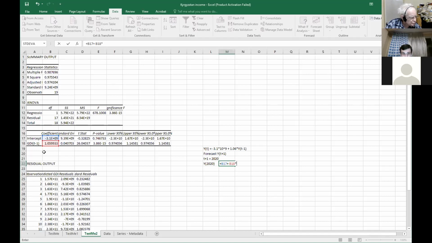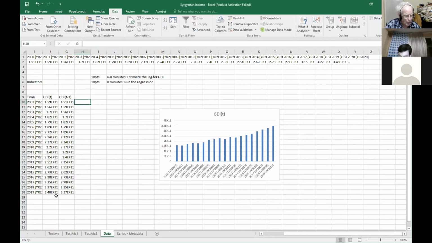And I have 1.45 times 10 to the power 11. So let me double check that value. Well, looking at the wrong data.